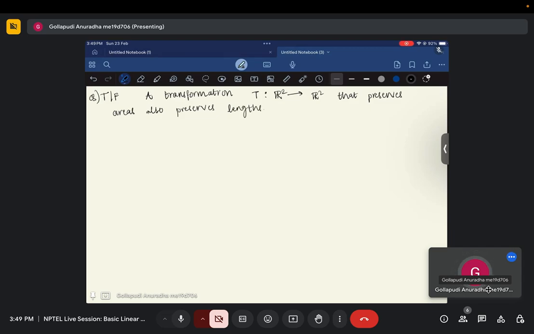So if the transformation is preserving the area, it will also preserve the length of the vectors. True or false?